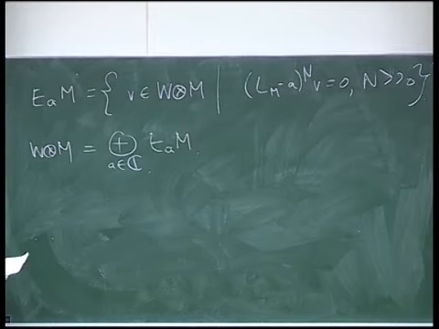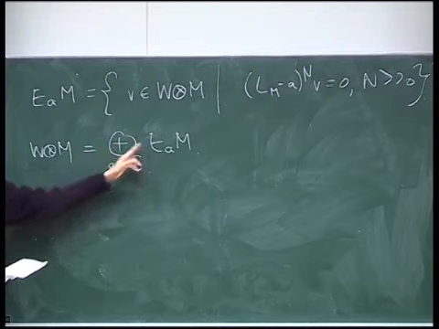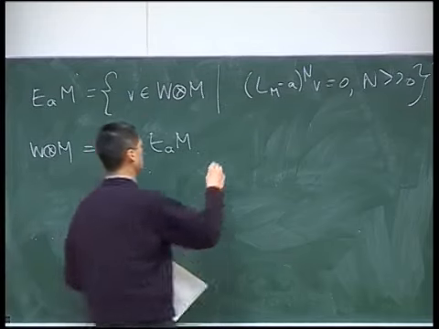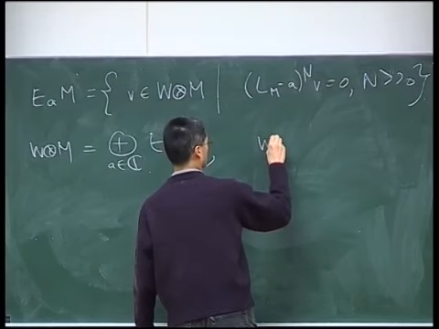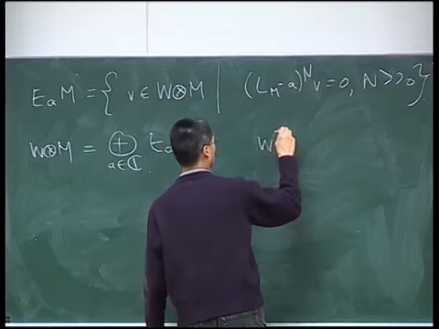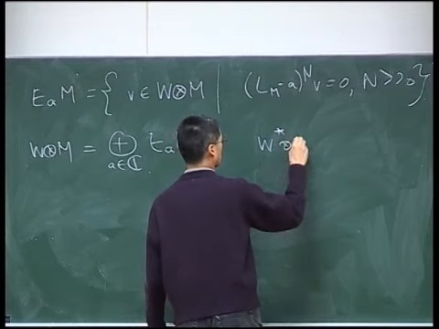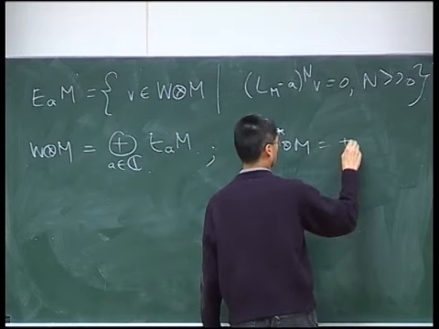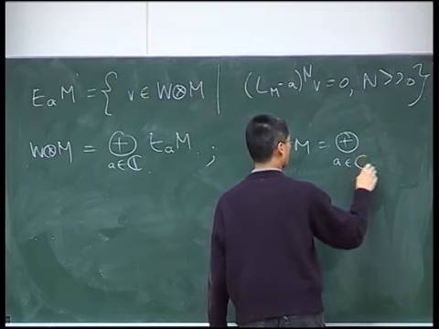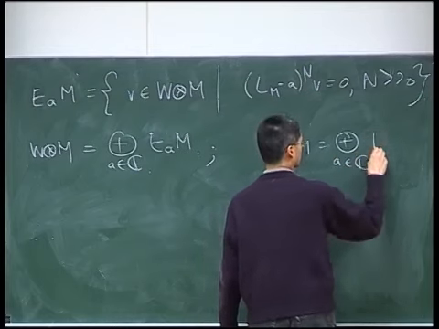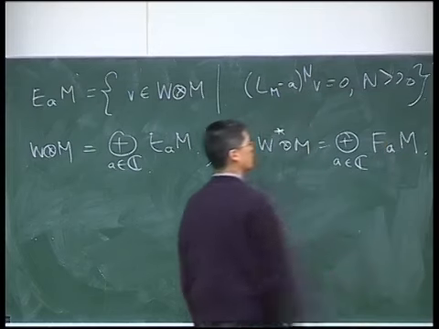And in a similar way, or just using the adjointness property, one can consider the functor of tensoring with the dual and write this as a direct sum of functors F_a.